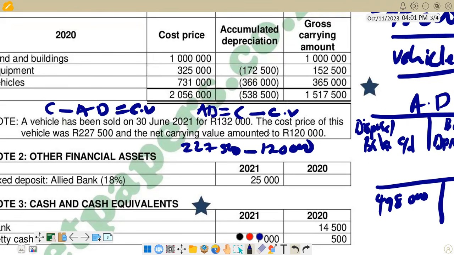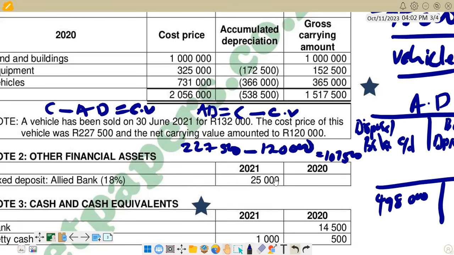Let's try to calculate that one. If you subtract that correctly, you get 107,500. So that's the figure that we are going to put for accumulated depreciation there.